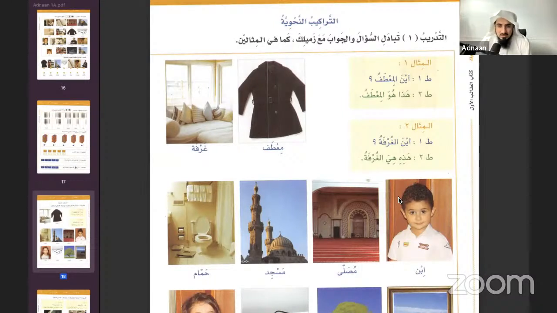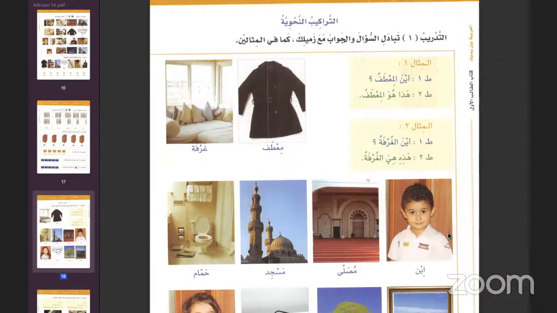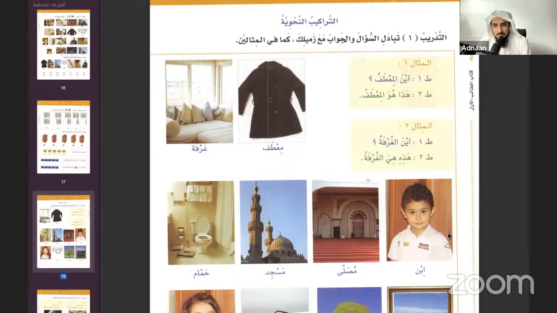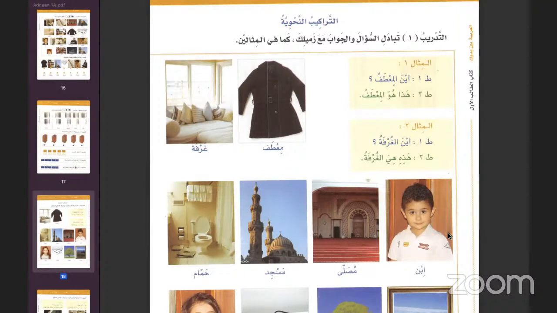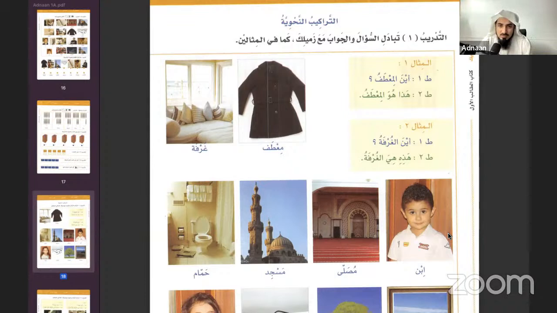Here you join this ألف and لام. هي الغرفة. إبراهيم, أين الابن؟ هذا ابن. So notice how here they gave you the word without alif lam. When they were answering, they put an alif and lam. معطف, المعطف. Ibn, al-ibn. Okay.